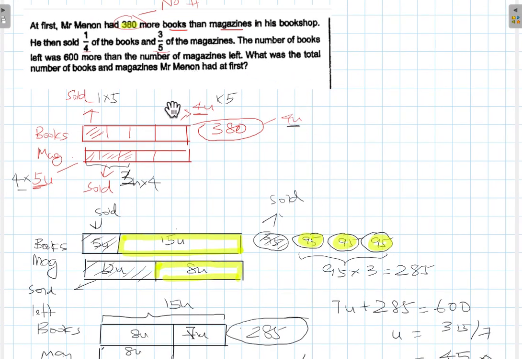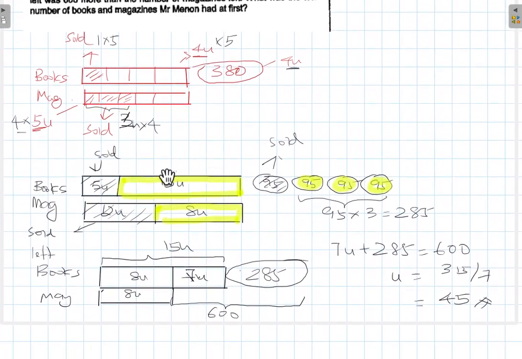And then it's asking you, let me see what's the question now. What was the total number of books and magazine he had at first? So you know that this portion here is at first, when nothing was sold. How many units of books? 20 units of books, add what is this number? It's 380, right? Add another 20 units of magazine.